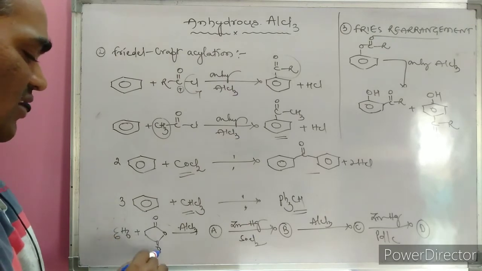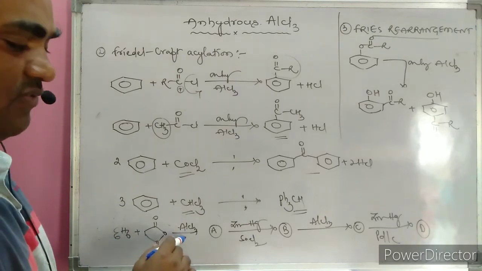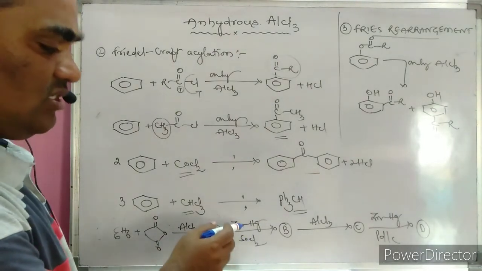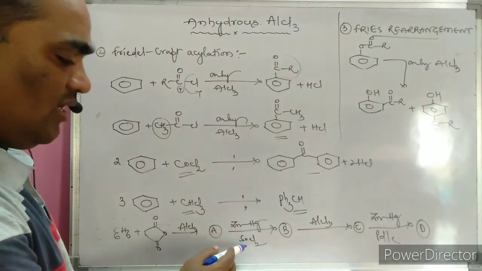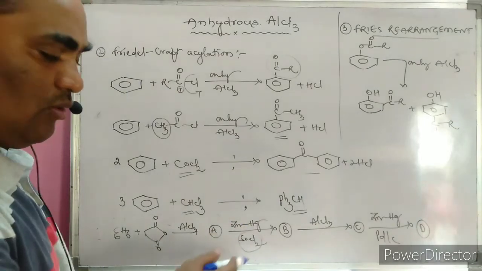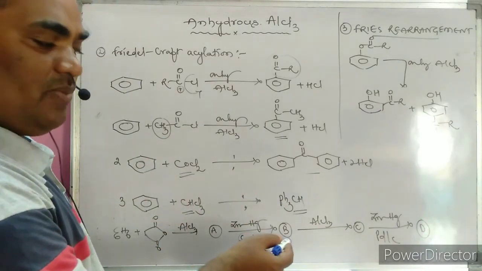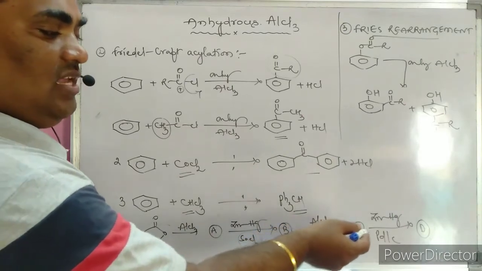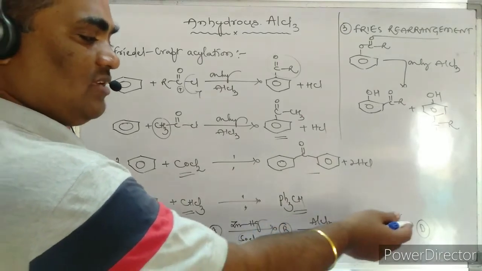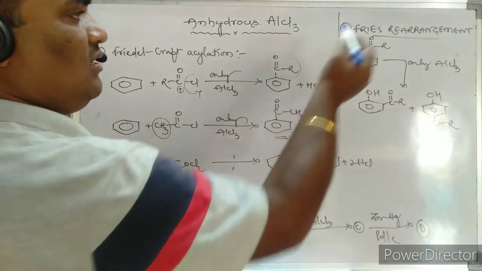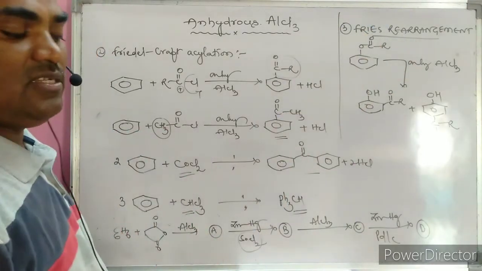Now benzene reacts with succinic anhydride in presence of anhydrous AlCl3, it forms A, which on Clemmensen reduction, followed by SOCl2, thionyl chloride, which easily substitutes OH by Cl, forms B, again AlCl3, C, again Clemmensen reduction, and aromatization takes place, D. Please try to work on it and comment in the comment box. And here the Fries rearrangement is given.